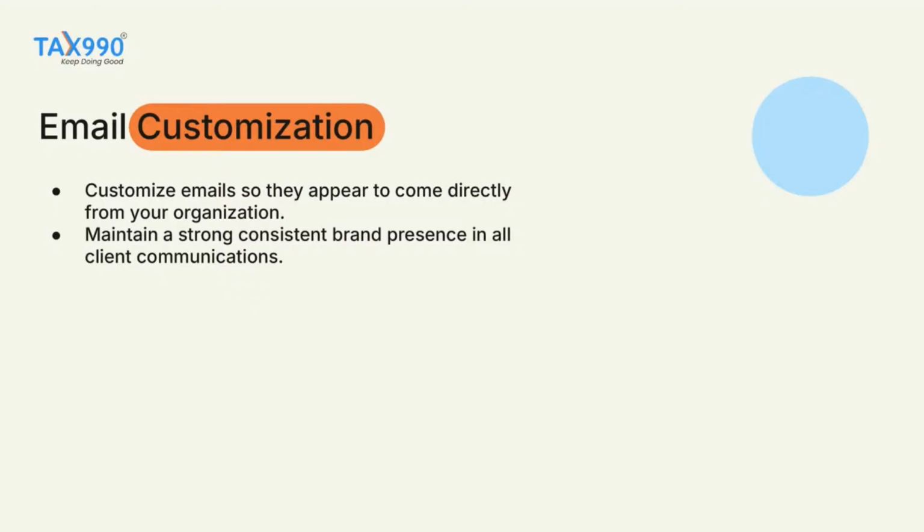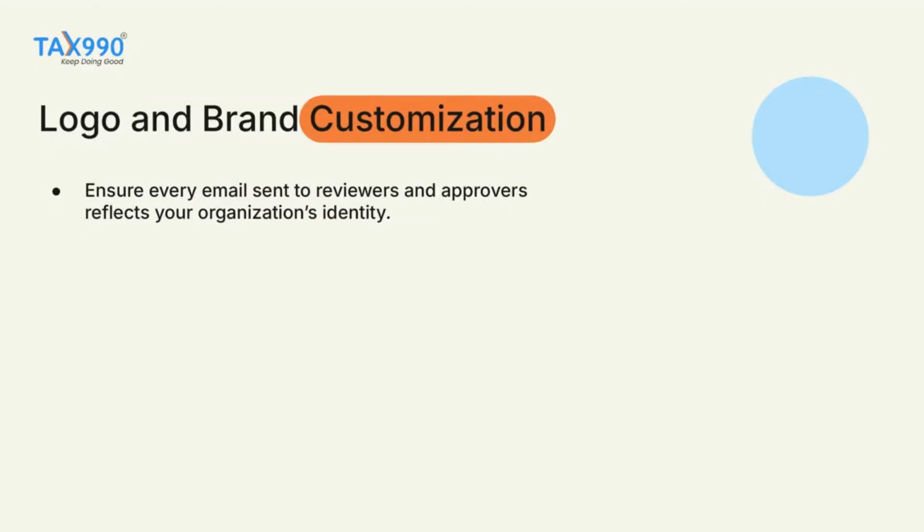This is especially great for CPAs and firms who want to maintain a strong, consistent brand presence in all client communications. It helps build trust, reinforces your professionalism, and ensures that your clients always see communication as coming directly from you and not a third-party system.